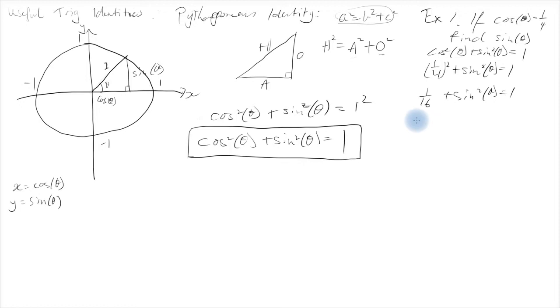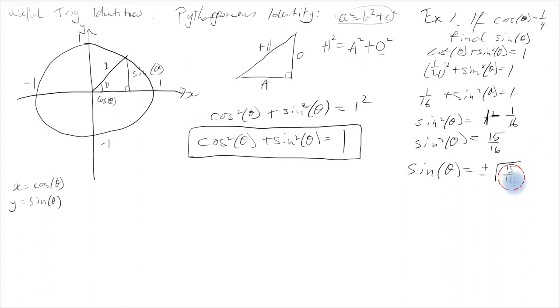So sine squared theta is 1 minus 1 on 16, which is 15 on 16. So sine of theta has to equal plus or minus the square root of 15 on 16, or plus or minus root 15 on 4, if you like.